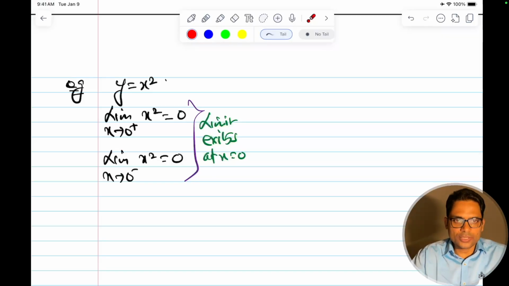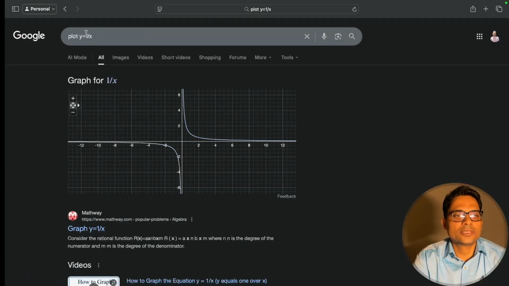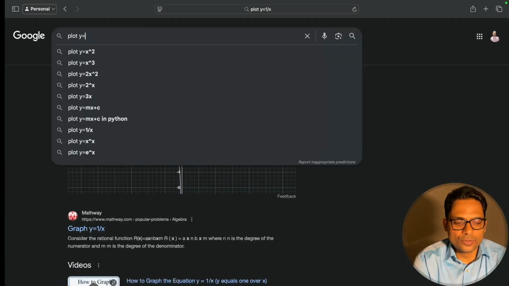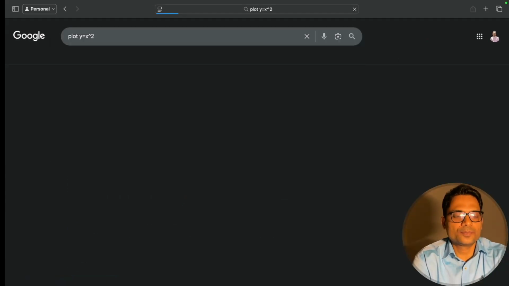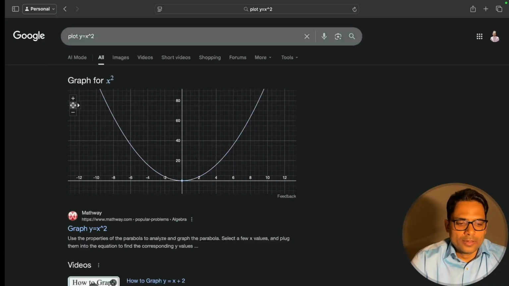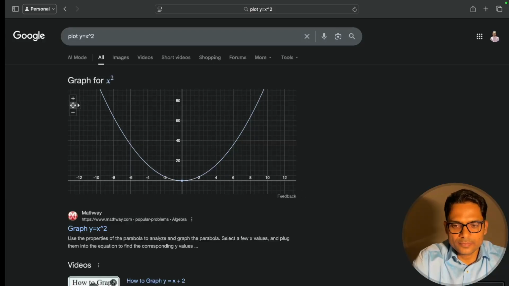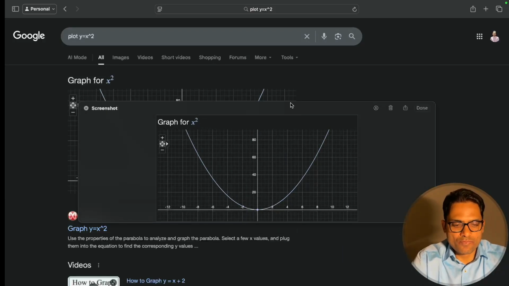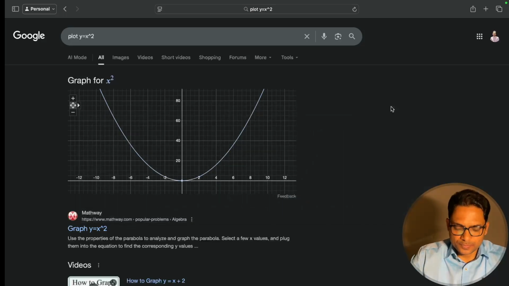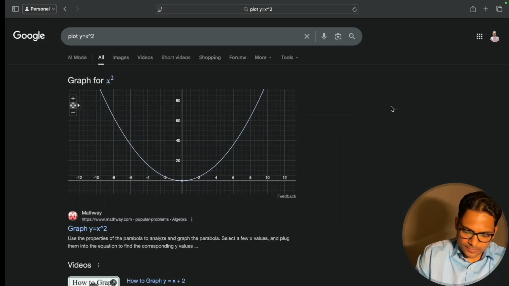And do you want to see the graph of it? So let's see the graph. Plot y is equal to x square. Yeah, we have the graph. So this is the graph.